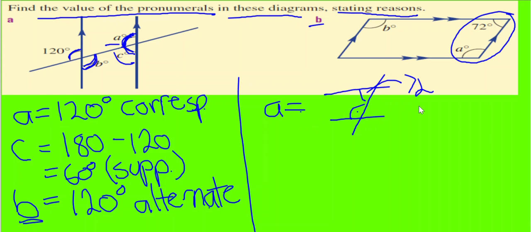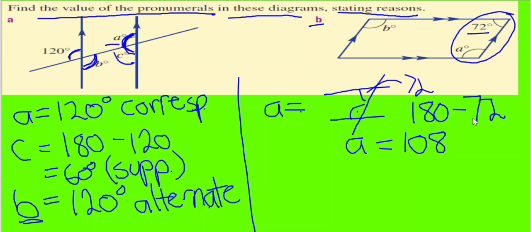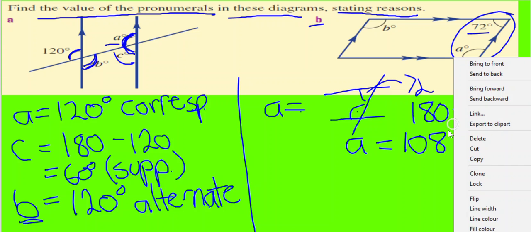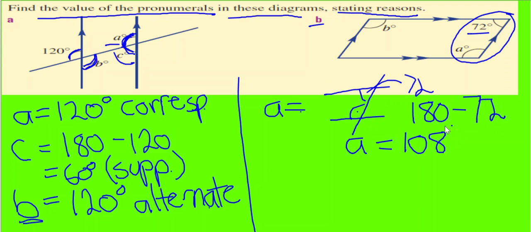So to find angle A, I've got 72 degrees of that, so I'm going to subtract that from 180. So angle A is going to equal 108 degrees. 180 take 70 is 110, take another 2 is 108 degrees. Okay, angle B.